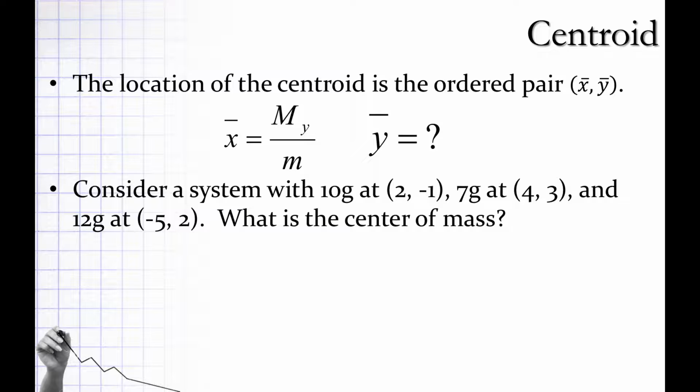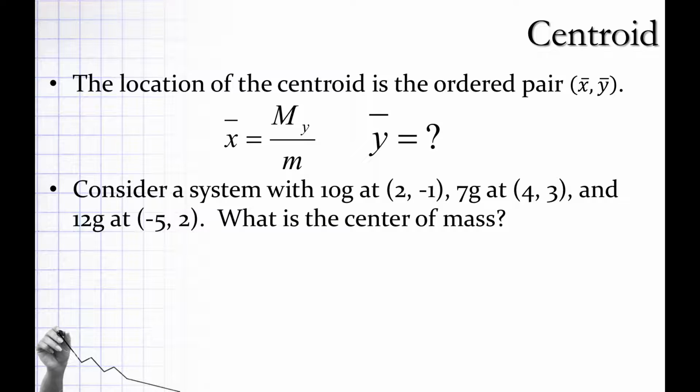Now, for our y coordinate, we're going to take the moments about x divided by mass. Our 10 gram coordinate, how far away is it from the x-axis? -1, because that's the y value.